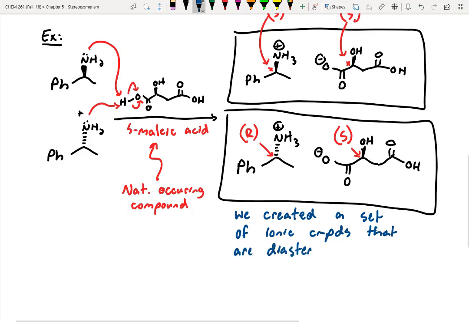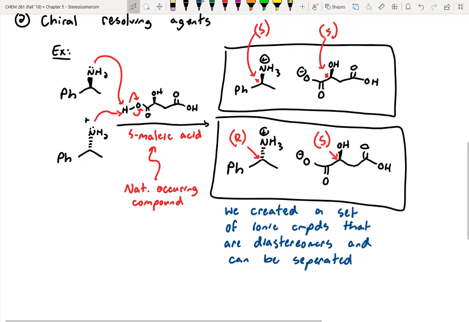Diastereomers and can be separated. So pretty common technique.